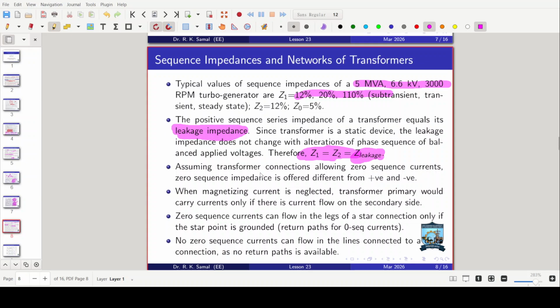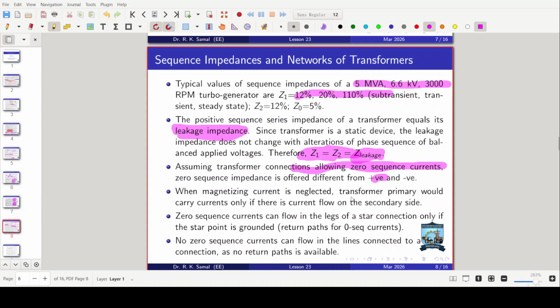Assuming transformer connections allowing zero sequence currents, the zero sequence impedance is different from positive and negative. So only the zero sequence component will be different, and that will depend on the transformer connections.